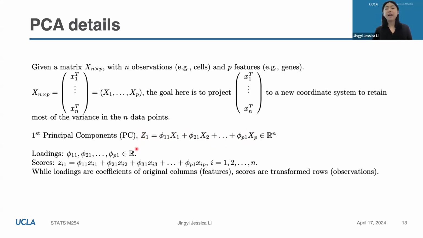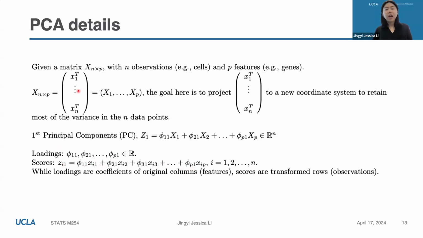The PC score vector is here. And the loadings are the coefficients phi11, phi21 to phiP1. And they are scalars. They are one-dimensional. So if we look at the score for one cell i in Z1, then we call that zi1. So it's basically a linear combination of the cell i's values in the original P features.